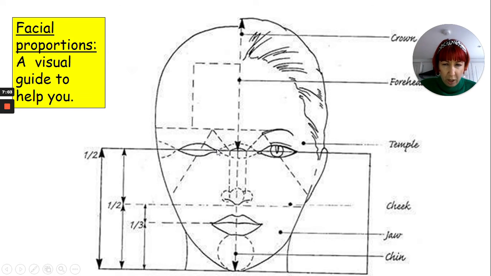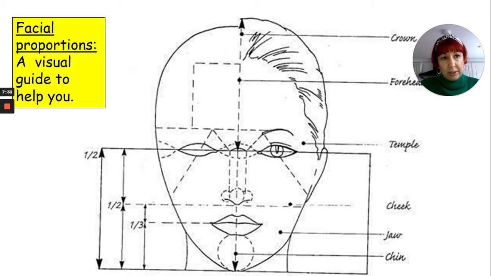So we've got that halfway point indicated with this side line, and halfway of that halfway point indicates the bottom of the nose. Then we look at that halfway point, and a third of that represents the middle of the lip, and another third of that would represent approximately the middle of the chin.